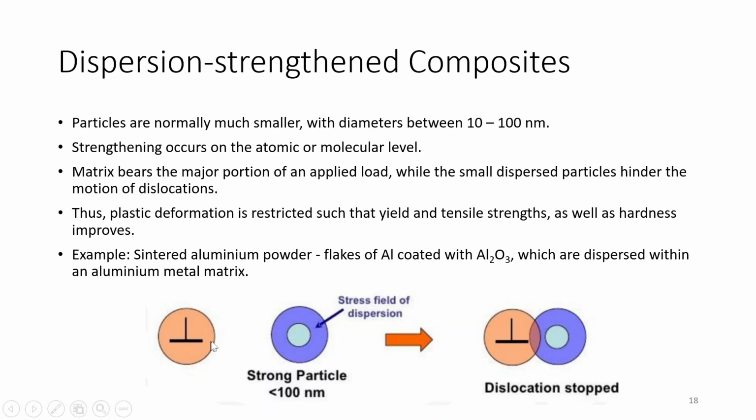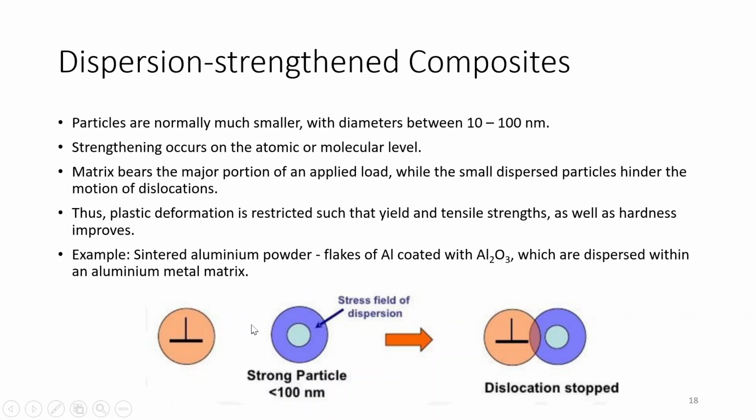So here the strengthening mechanism is shown. This is your dispersoid, which has a diameter less than 100 nanometers and has higher strength. So it has its own strain field around it in the matrix.